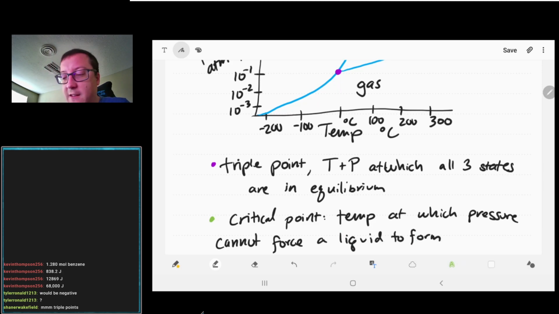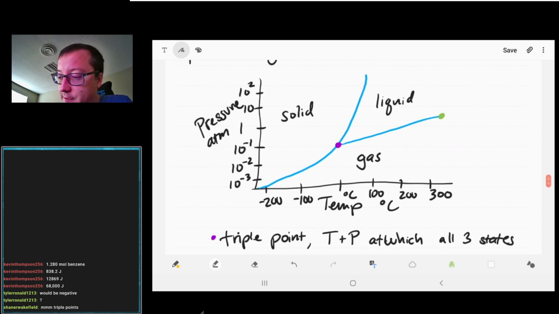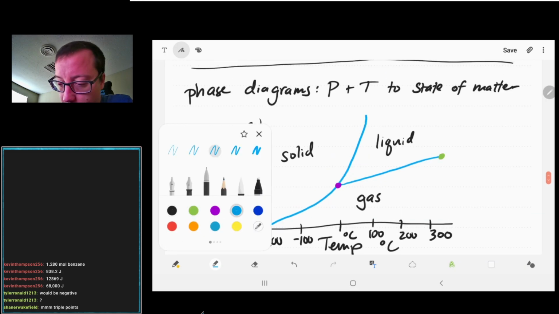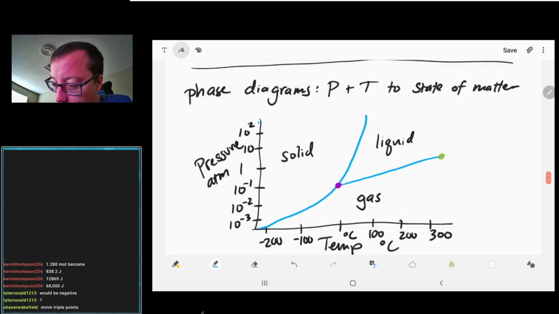So this is technically the definition for the critical temperature, but the point is where that temperature and pressure meet. So you're going to see that at a certain point, this line between liquid and solid will just keep on going forever. However, the one that ends in the critical point has a finite end, and that is the critical point.